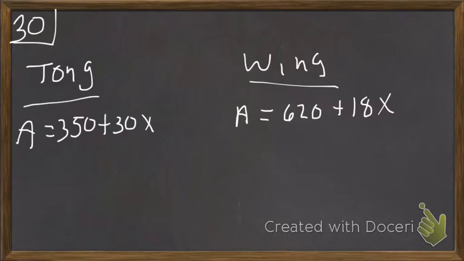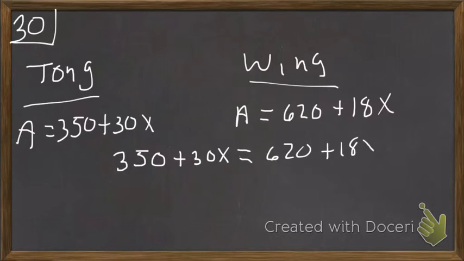When will Tong have more in his savings account than Wing, if they both continue to save at these rates? Answer the question using equations and clearly showing all work. Well, if you set these things equal to each other, 350 plus 30x equals 620 plus 18x, and I get all the x's on one side and all the things that aren't x's on the other, I get 12x equals 270.